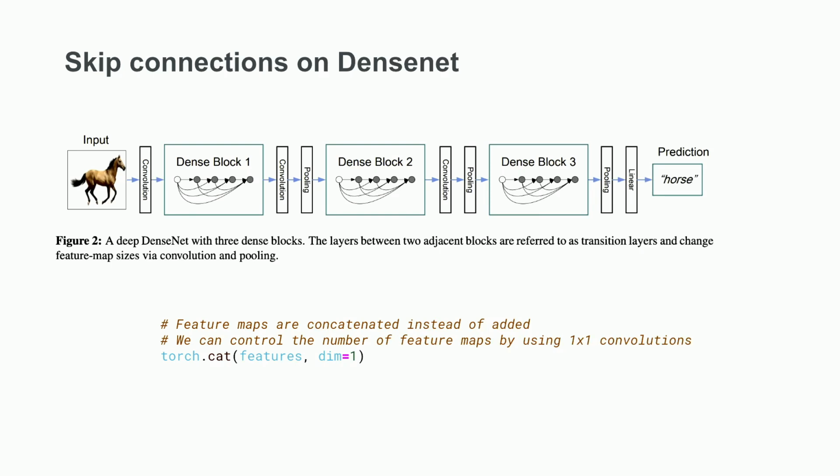There's another way to implement the skip connection, and that is to concatenate the feature maps. This is something that we see in the DenseNet paper and also in other architectures. This is a way in which we preserve the feature maps at the cost of using more memory than in the ResNet's element-wise addition approach.